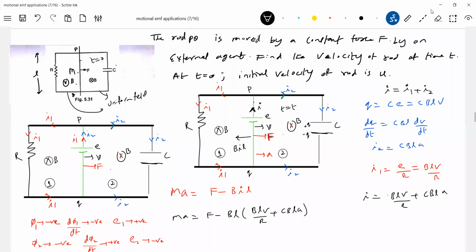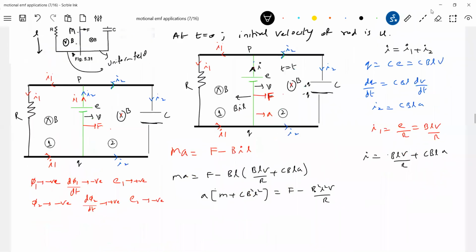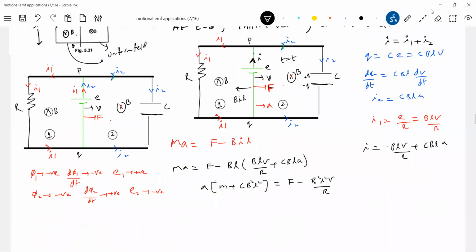Bring acceleration term on one side: A into (M plus C B square L square) is equal to F minus B square L square V by R. Further, what is acceleration? Acceleration should be written as dV by dt.